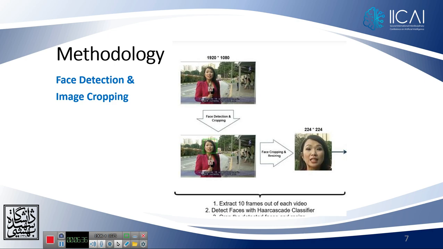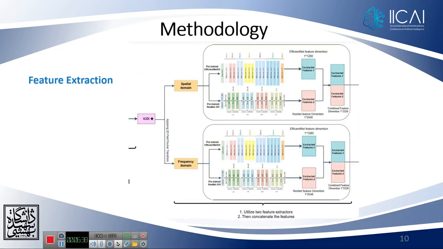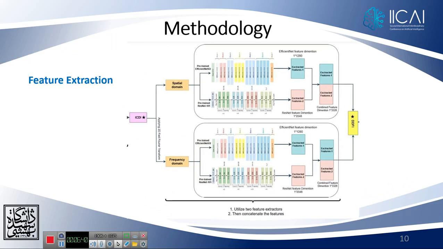In the next part, which is the core part of the methodology, we use two complementary pre-trained CNNs running in parallel, ResNet 101 and EfficientNet V2 Small.